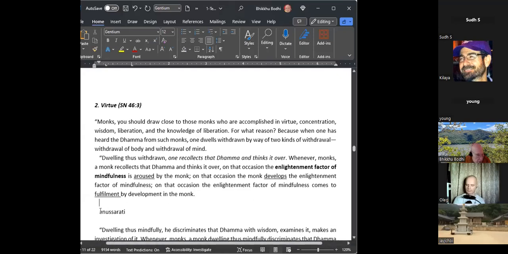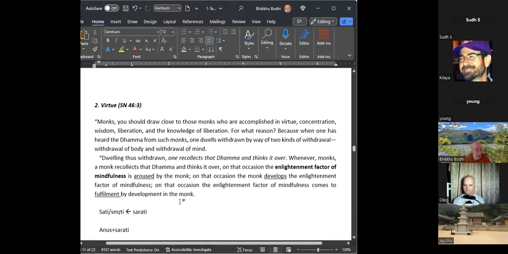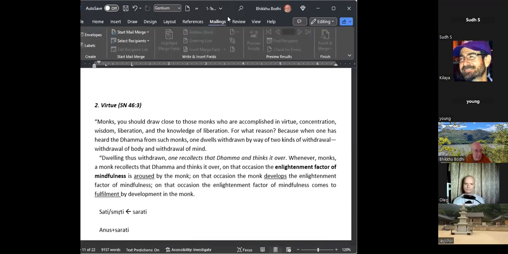This word comes from the prefix anu, and then the main part is sarati. I just put into the file that the Pali word sati corresponds to Sanskrit smriti, and they're derived from the verb sarati.